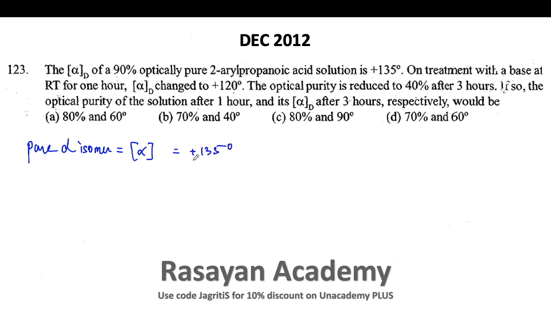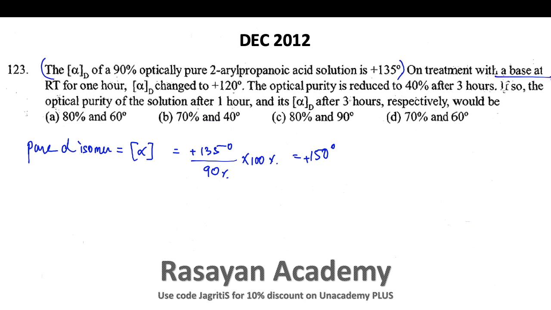Plus 135 degrees divided by 90 into 100%. All right, so this is what you find out, and this is going to be 150 degrees once again. So this is your 100% optically pure isomer giving you plus 150 degree. Okay, this is the information you got from the first sentence.